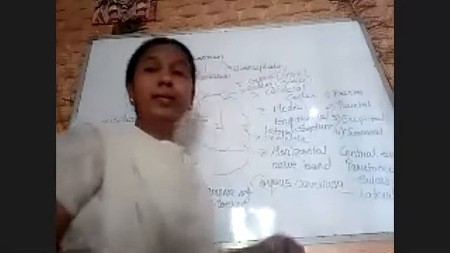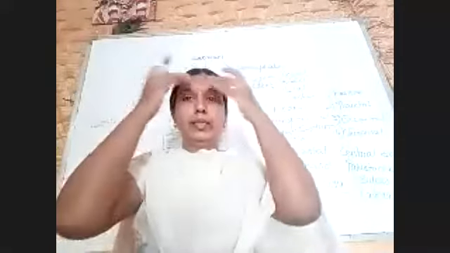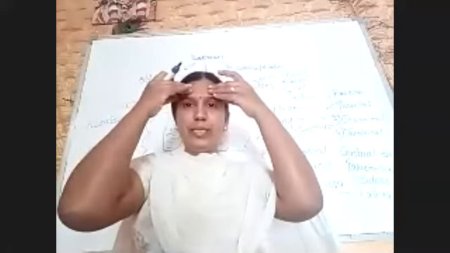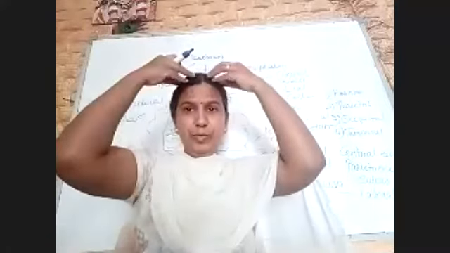Again, I am telling you. So here the frontal lobe is there, here the parietal lobe is there, here on the back the occipital lobe is there, and here is the temporal. So the sulcus which is present between the frontal and parietal is called the central sulcus.